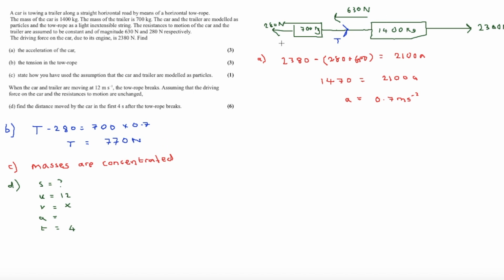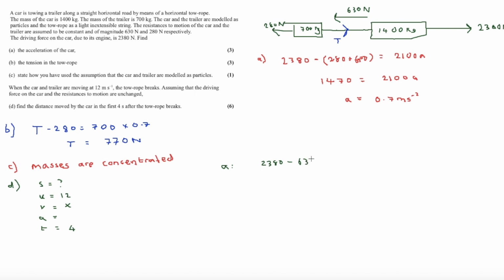Because the tow rope breaks, we do not need to think about the trailer, and we will just have the car. So therefore, just the car, we can find out that A, we're going to do 2,380, because that's its driving force, minus 630.